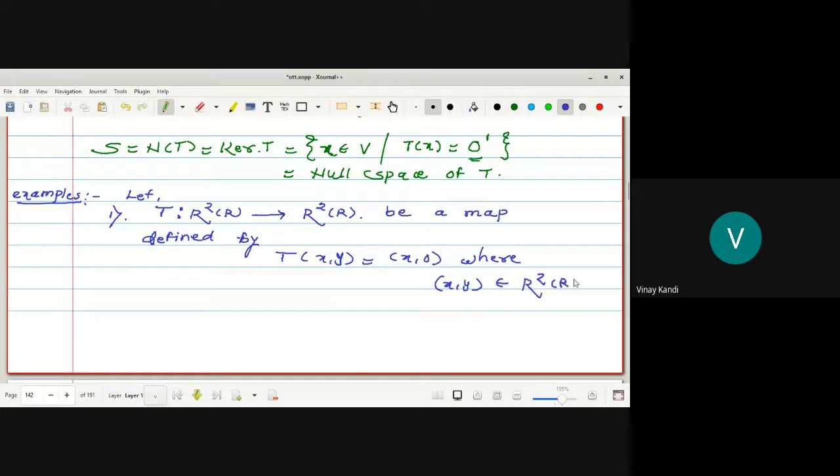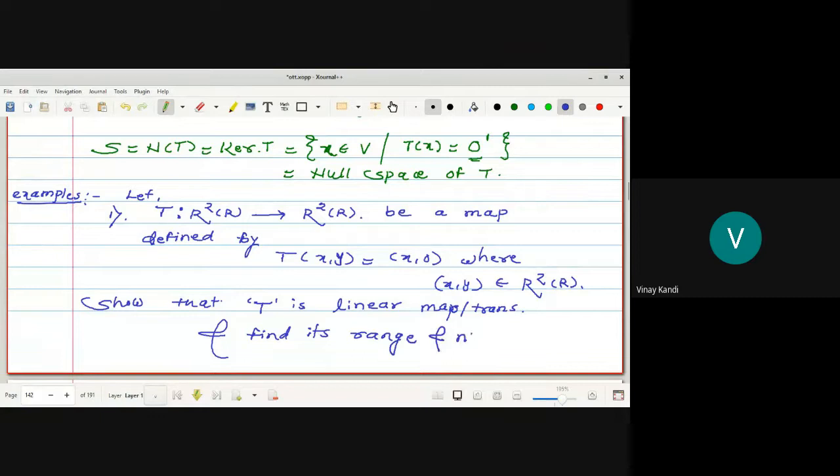Then show that this T is a linear map or linear transformation, and find its range and null space.